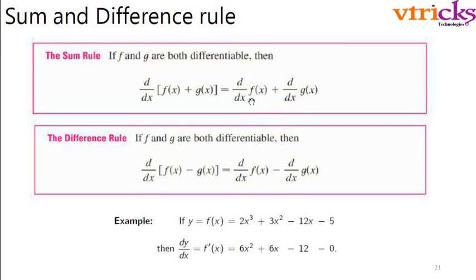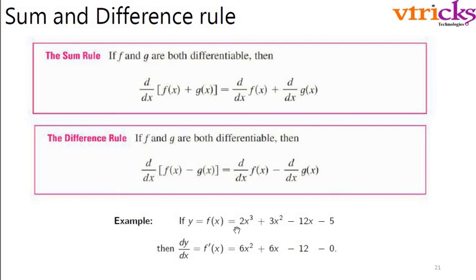So we will have d by dx of f(x) plus d by dx of g(x). Similarly, the same concept can be extended to the difference rule. The differentiation of f(x) minus g(x) will be d by dx of f(x) minus d by dx of g(x).